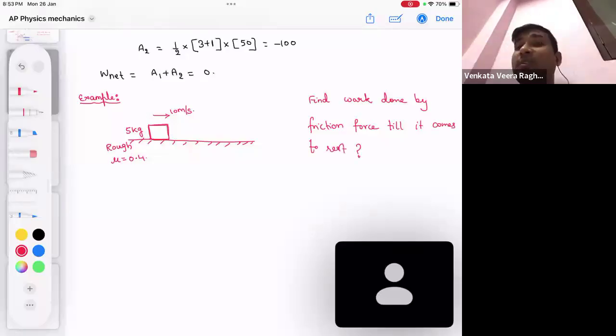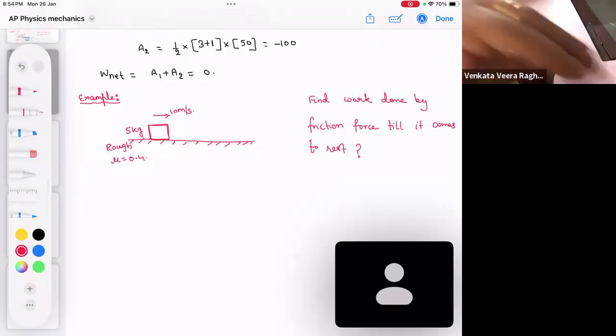You can solve it using the definition of work: find the force, then calculate the displacement, and doing all these things, you can calculate the work done by friction. Or if you apply the work energy theorem directly, you can get the same answer with less calculation.